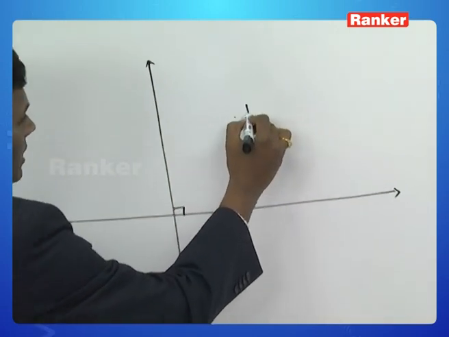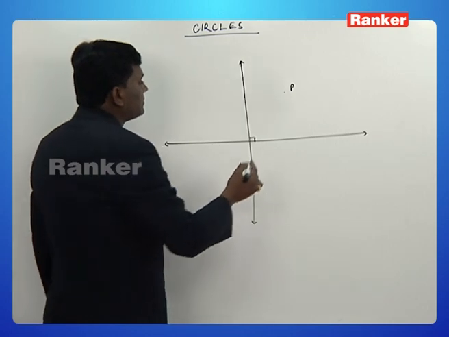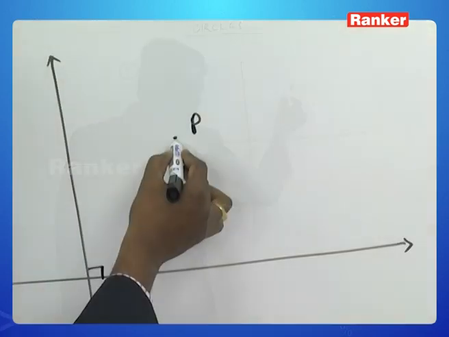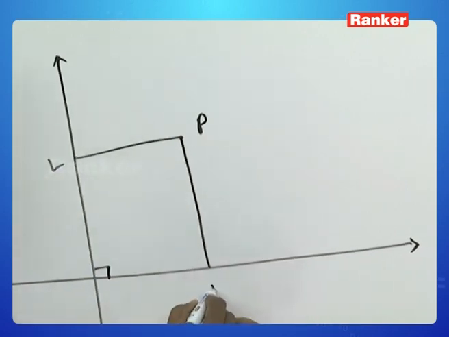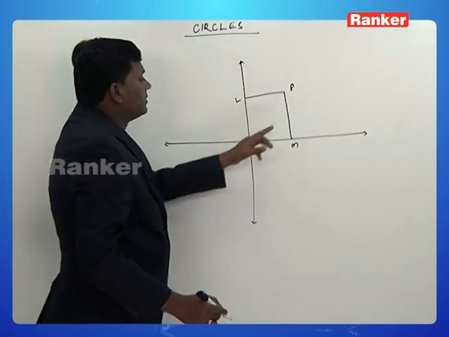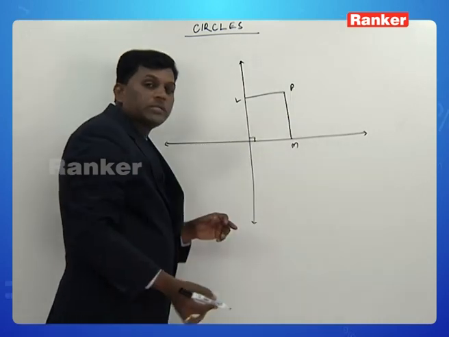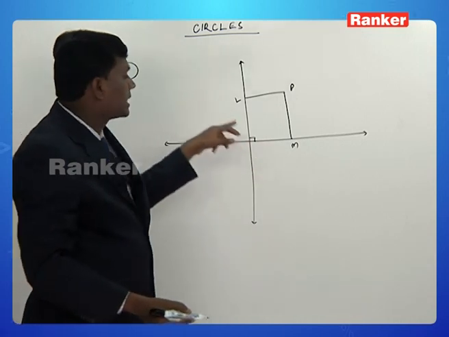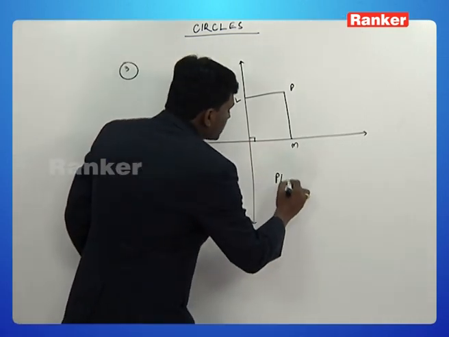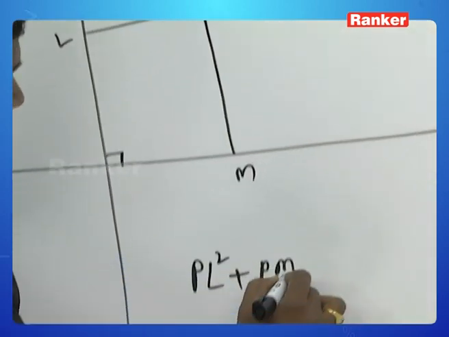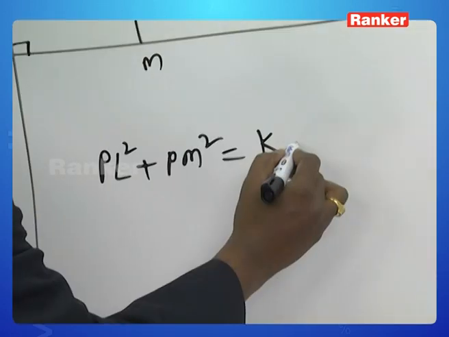And P is a variable point moving such that the sum of squares of its distances to these two perpendicular intersecting lines is always a constant. PL square plus PM square equals a constant K.